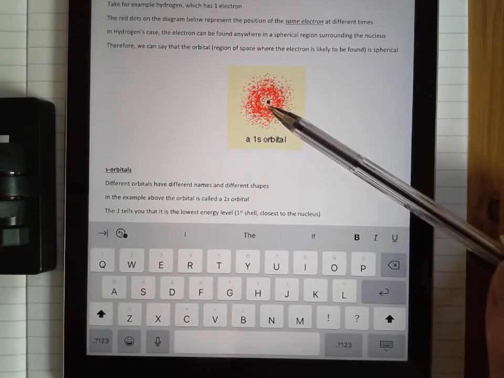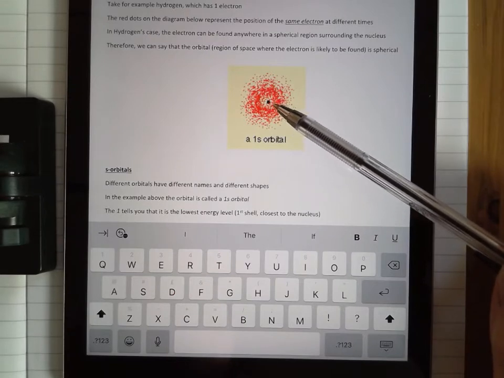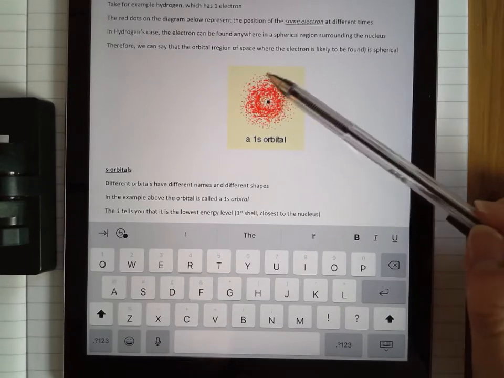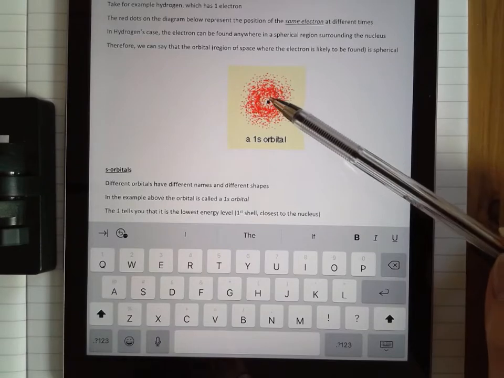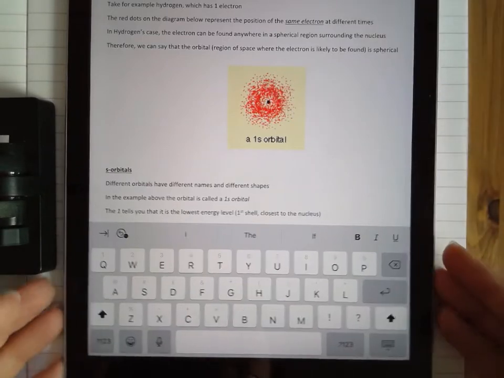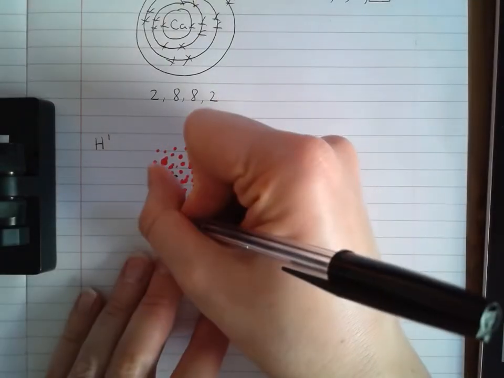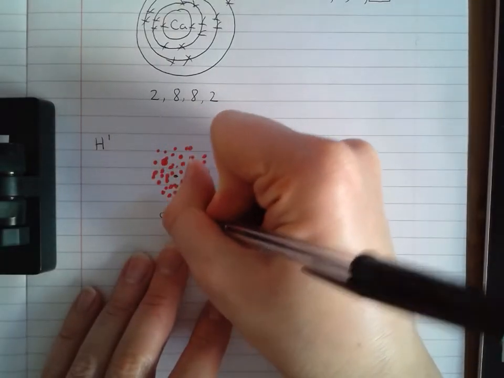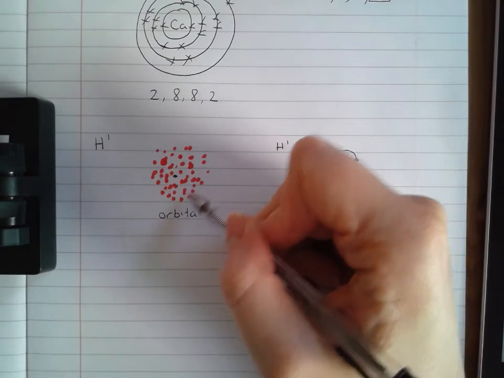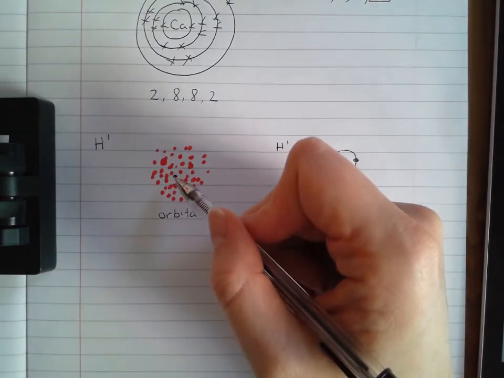Now, because atoms are 3D, not 2D, instead of describing this space as circular, we're going to describe this space as spherical. So all of these red dots represent an orbital, because an orbital is just the space around the nucleus where you're going to find an electron.